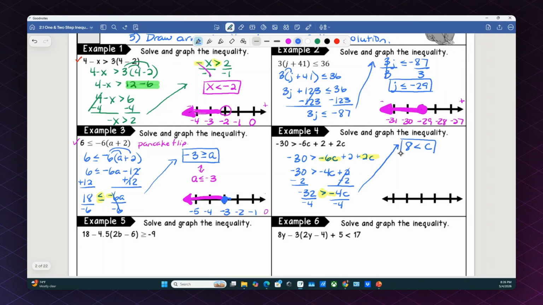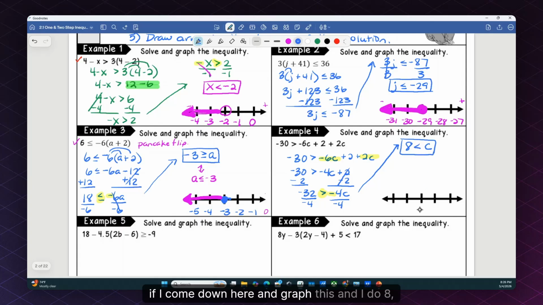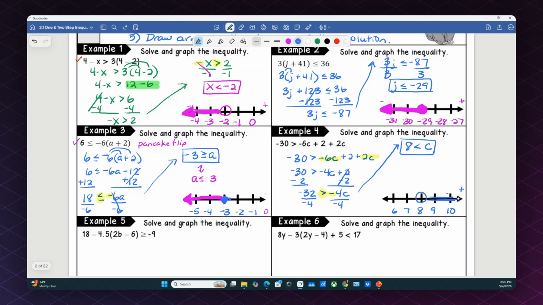Now remember, if I come down here and graph this, and I do 8, 9, 10, and 7, and 6, and I've got my open circle because it doesn't have the equal sign in it, I need to know that I am shading in a way that c is larger than 8. Okay, going to the right, that is my larger way, right? So going this way, that is my correct way to shade this.